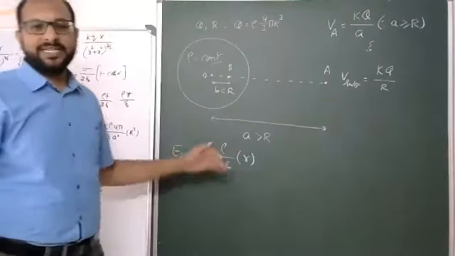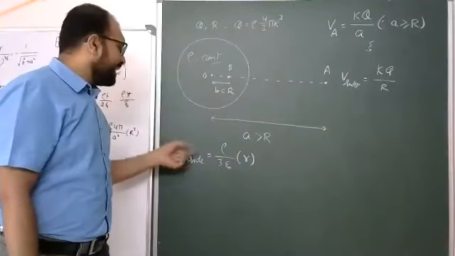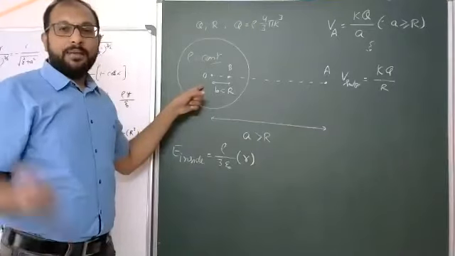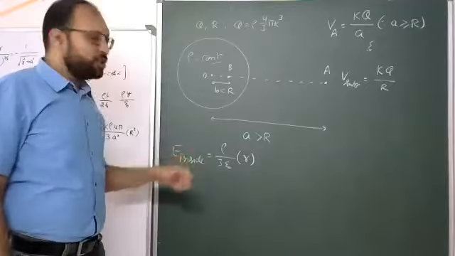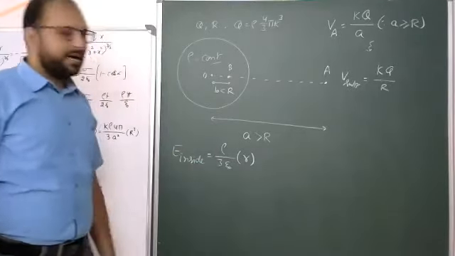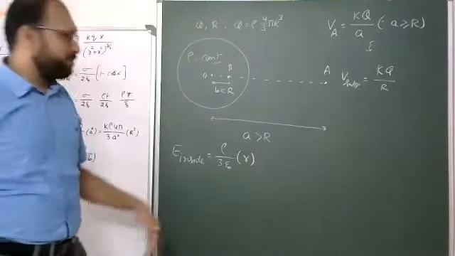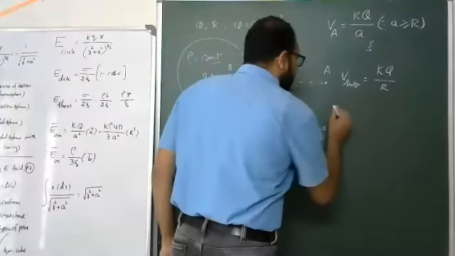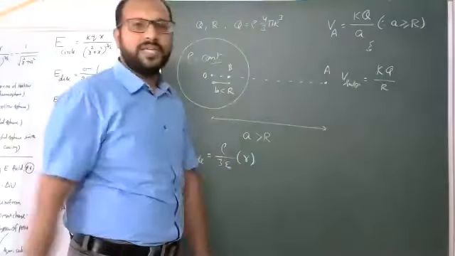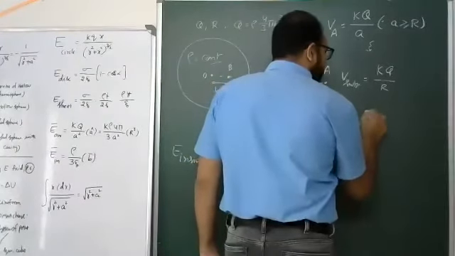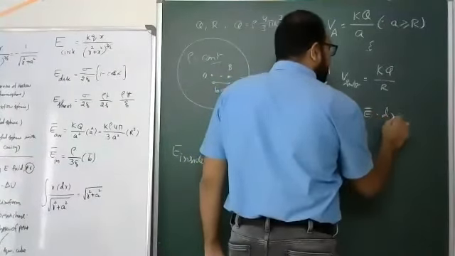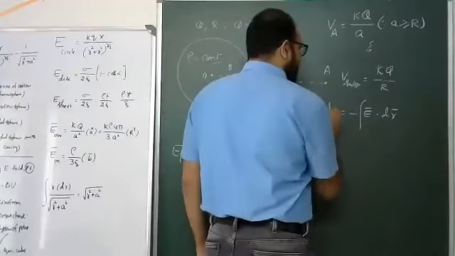This already we derived yesterday. Inside, the electric field is not zero; in a hollow sphere it is zero, but in the solid sphere it is non-zero, rho by 3 epsilon naught r. That's why here integration is mandatory. So now students, inside I am calculating the potential: dV equals minus E dot dr, integration.